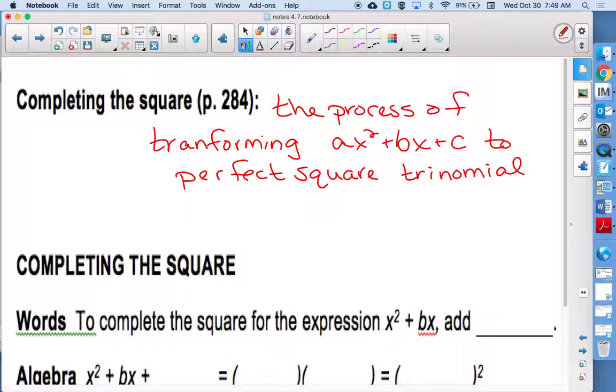A perfect square trinomial is like the problem above, where I can then factor it to have one parenthesis squared. So our goal is to complete the square, meaning we're going to do something with squares, so that we can break it down into a factored problem that is a perfect square.